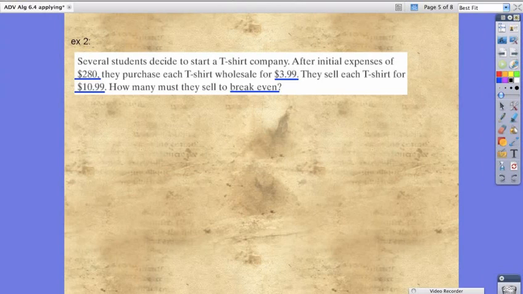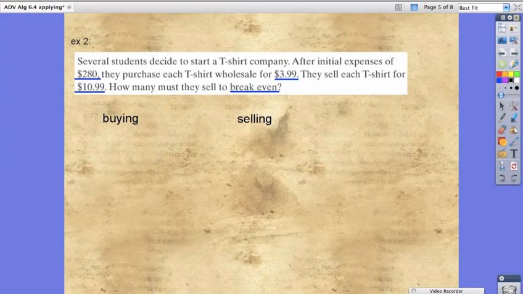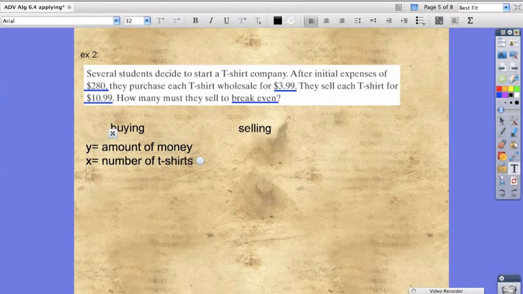They first mention buying, and then they mention selling, so it's really important to classify what your two equations will look like. In terms of buying, they bought stuff. So for their initial expenses, we're going to say y is equal to the amount of money spent, and x is equal to the number of t-shirts.